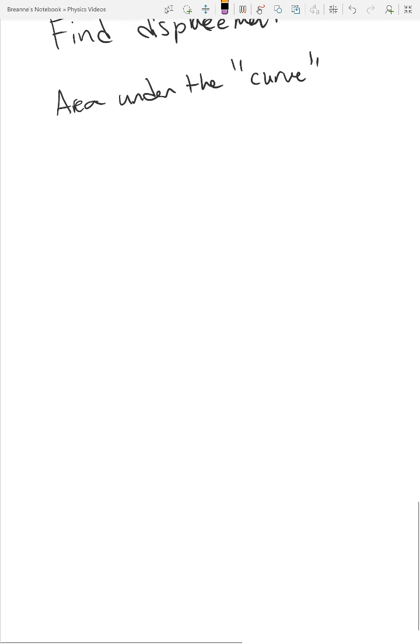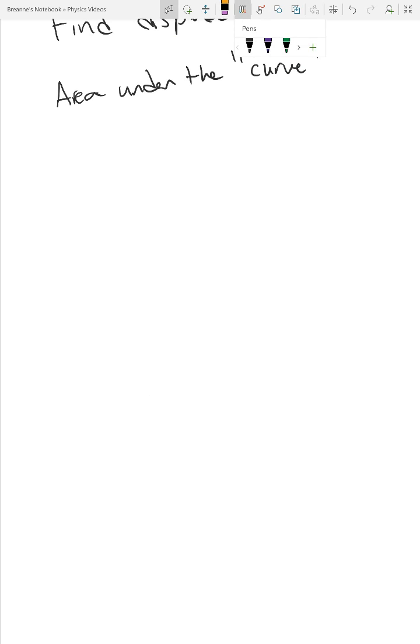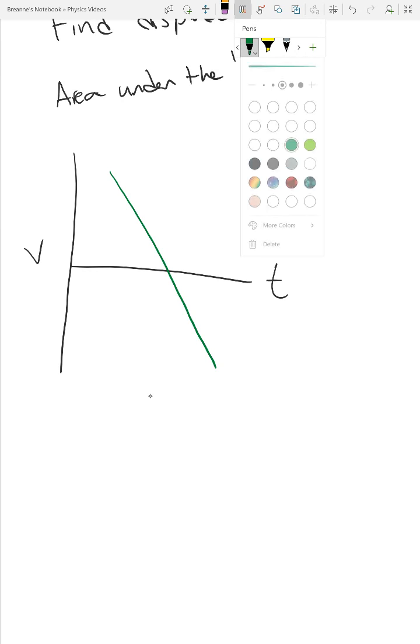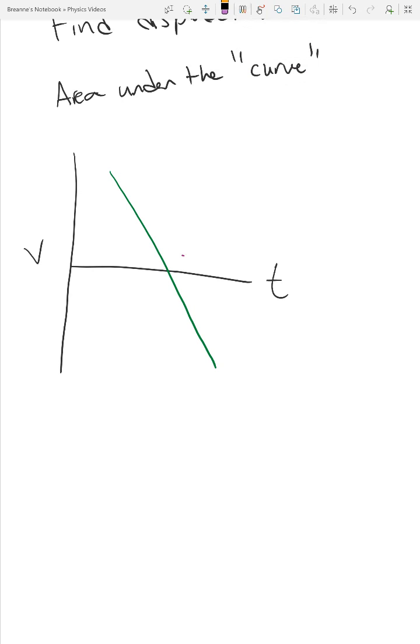Next thing I want to make sure you understand dealing with your velocity versus time is to think about what happens right here. What's happening right there? So this is the positive, and that's the negative.